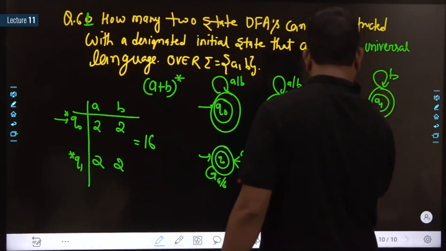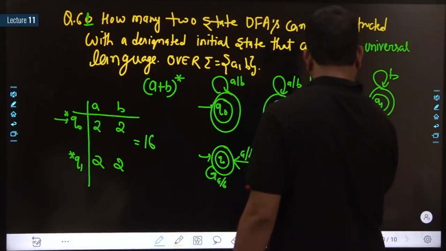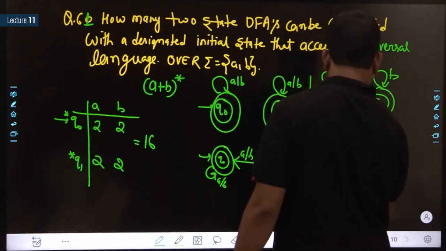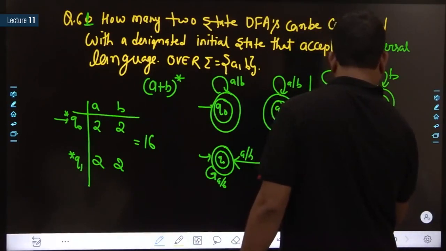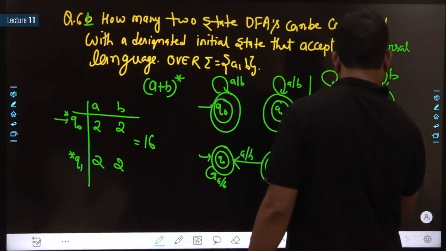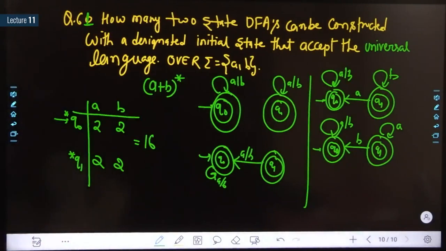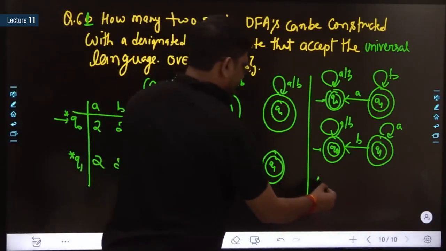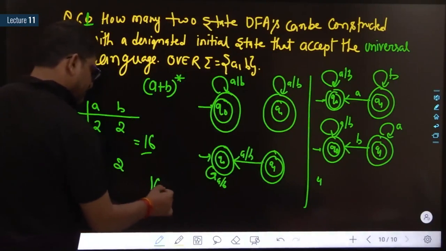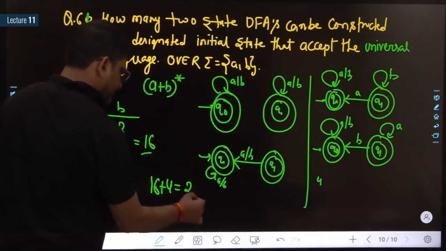This also accepts the universal language. Clear? Then the total number of DFAs that accept the universal language is 16 plus 4, which means 20. Clear? Please check. Question number 62.